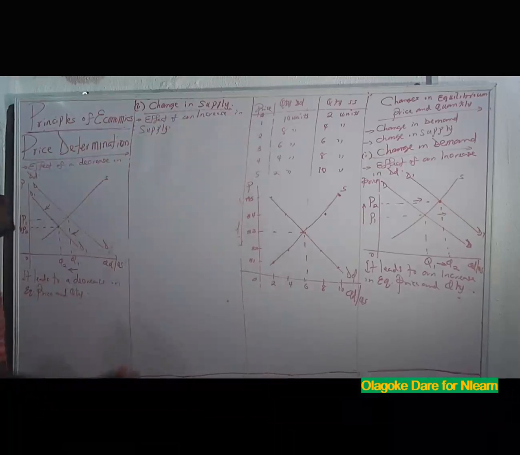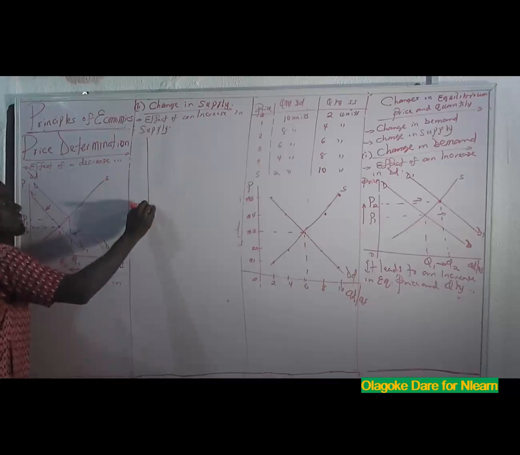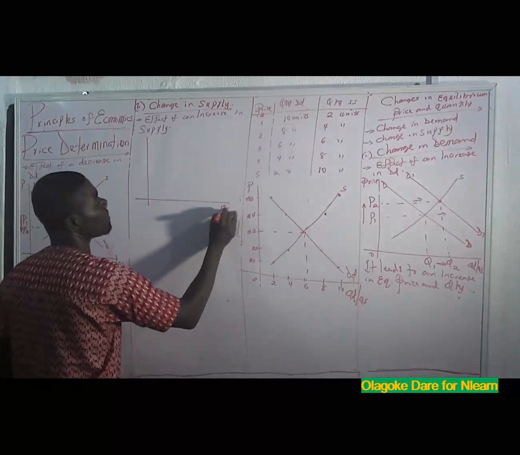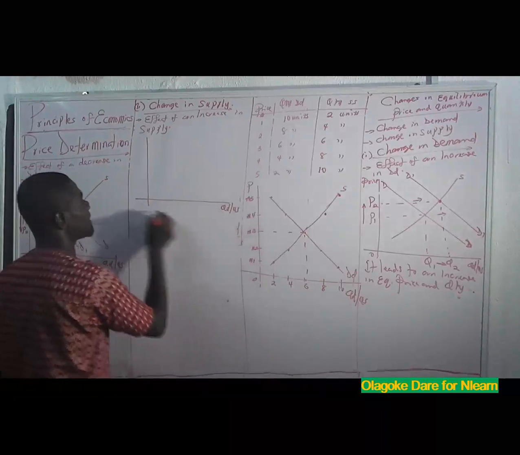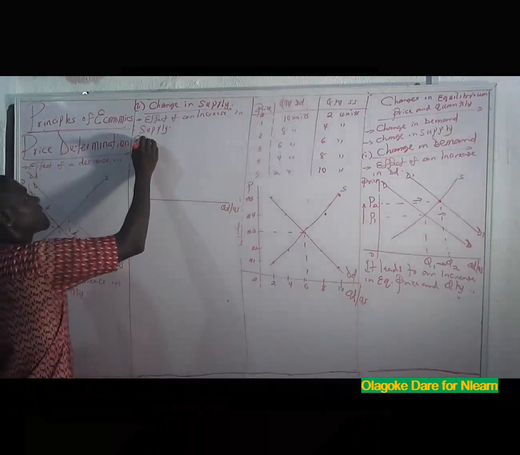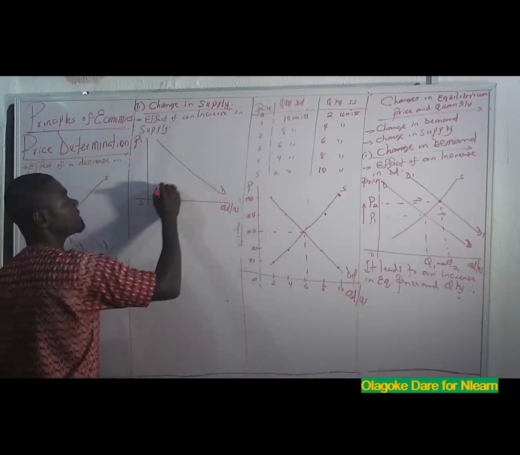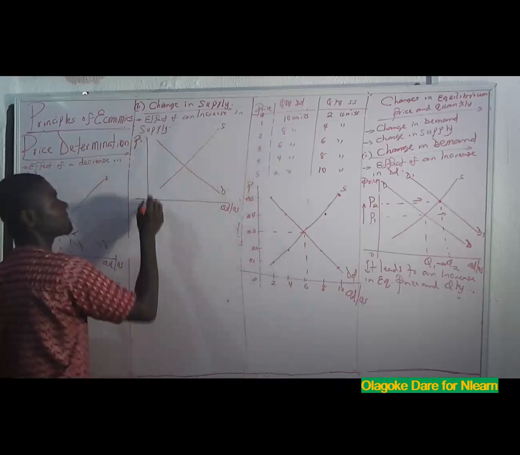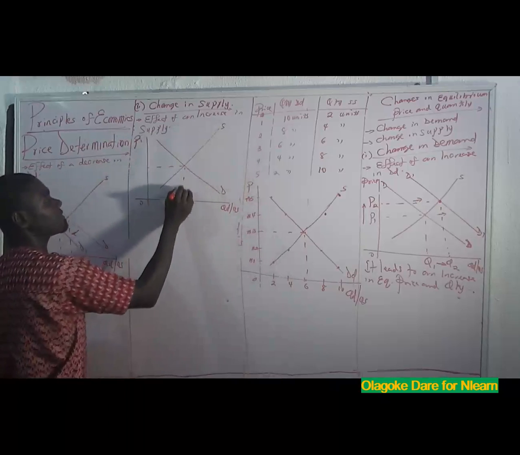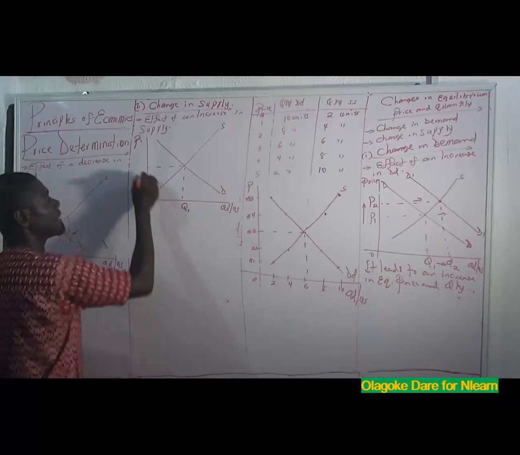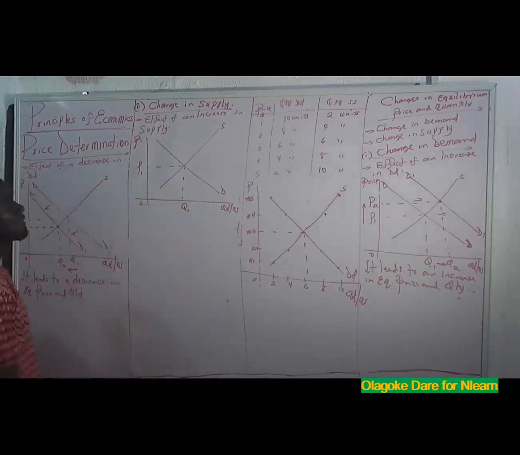I draw it like this. Here's my quantity demanded/quantity supplied, here's 0, here's my price. This is my demand, this is my supply. I have equilibrium quantity 1, equilibrium price 1.